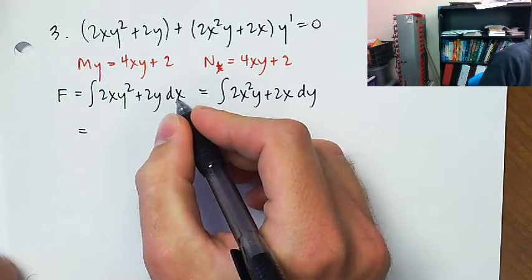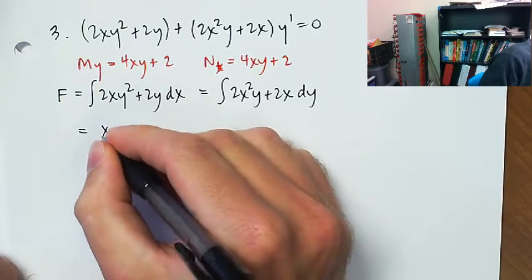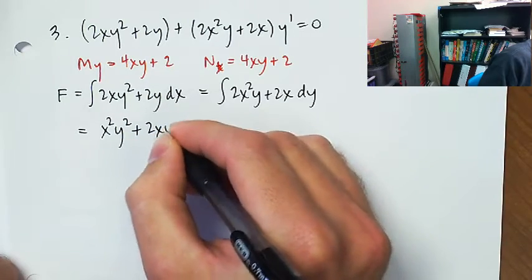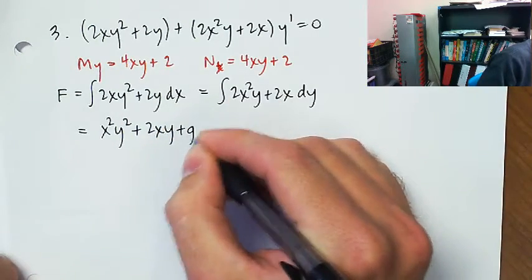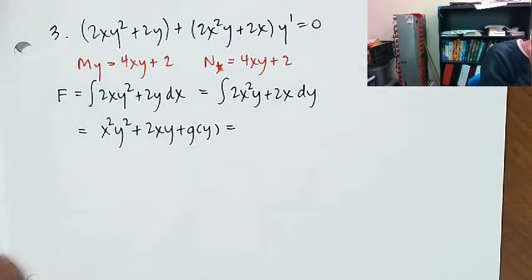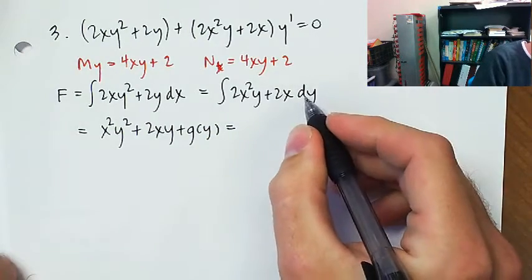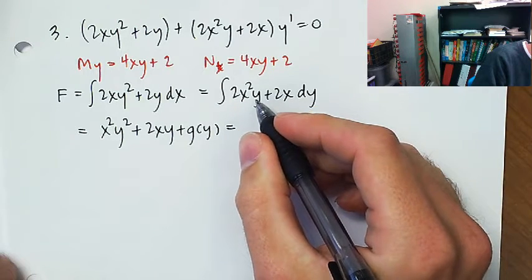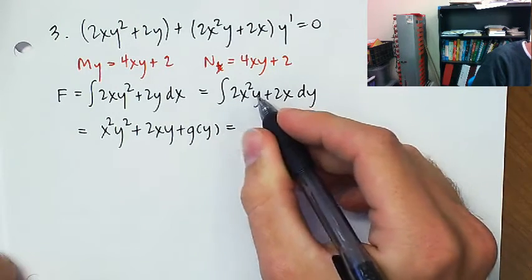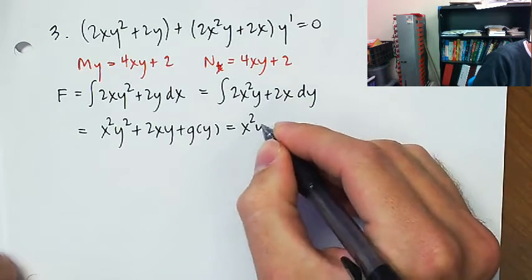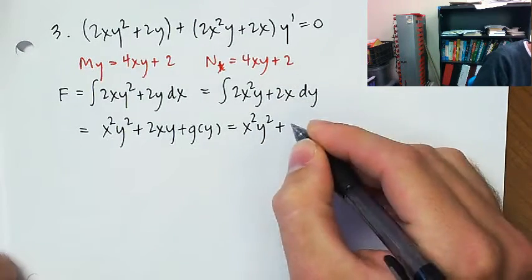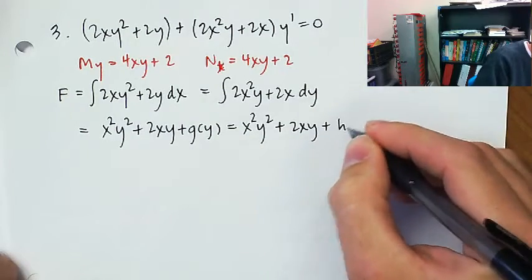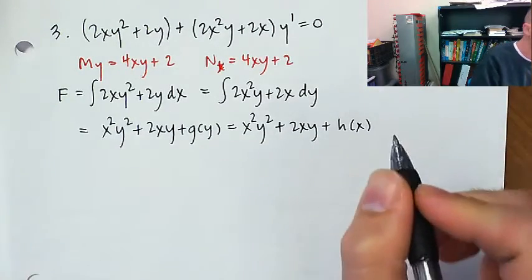When I anti-differentiate with respect to x, 2x is going to become x squared, and I'll just have a y squared plus 2xy, maybe plus some function that only depends on y, and is also equal to, with respect to y, that's going to be y squared x squared, yeah, that's already what I saw, plus 2xy, plus some other function that would depend on x.